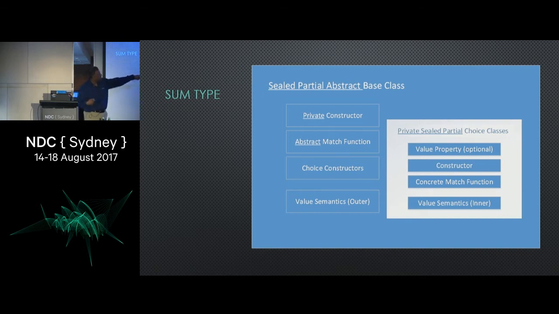And the instance of the object would be one of those private sealed partial choice classes. So I created one class for every type of discriminant in the discriminated union, and I'm able to create an instance of those. So the only way you're going to get at one of those choice classes is through this constructor. And the only way you can actually get the choice class to do the right thing is to call the abstract match function and say, here are the four choices that I have, run the right lambda against each of those.